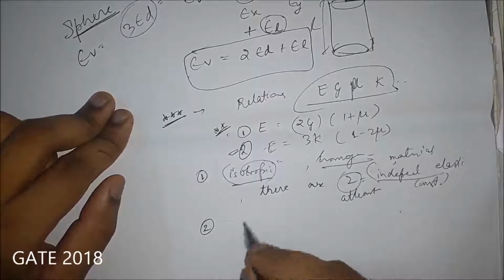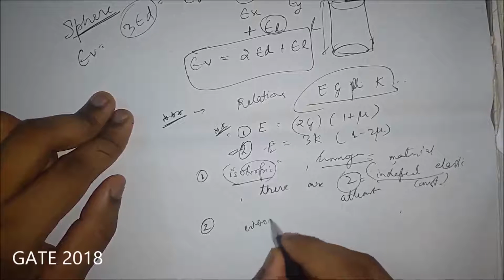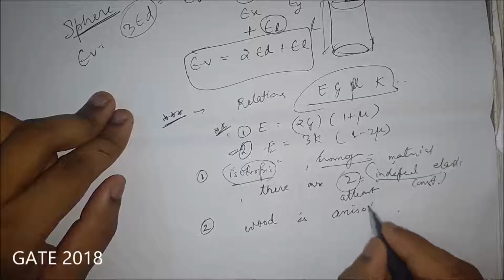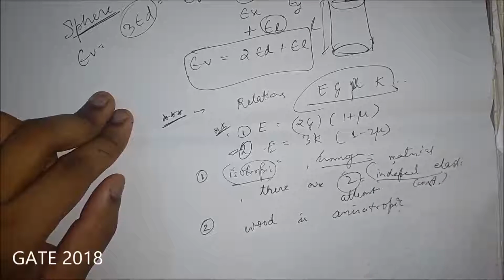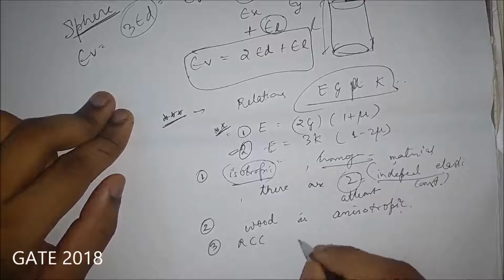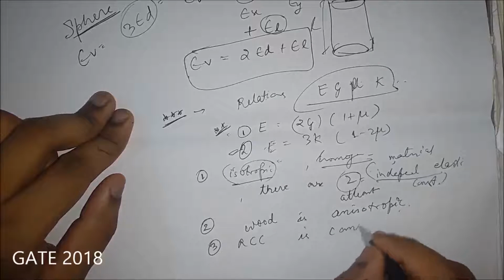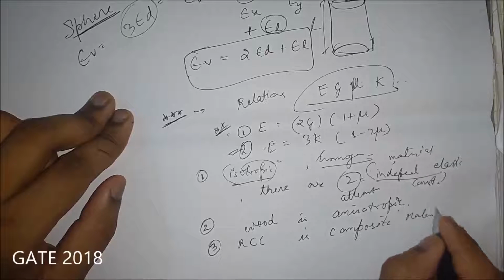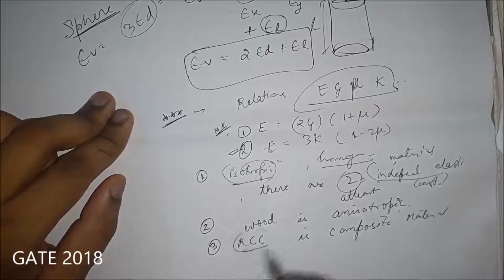Now wood is anisotropic, it won't have same nature in all the directions. RCC is a composite material which comprises of concrete plus steel.